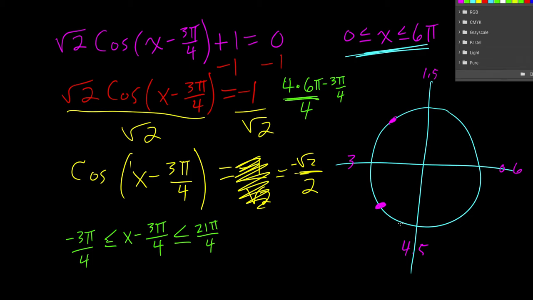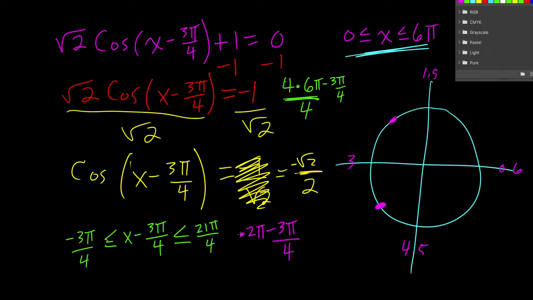And so, let's see, what's the best way to do this? If we just do 2 pi minus 3 pi fourths, we should get there. So we have 2 pi minus 3 pi fourths.